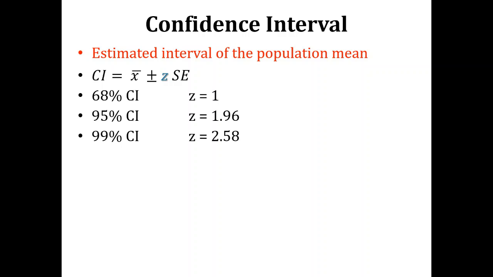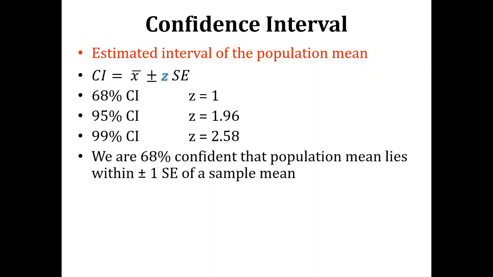So when we do that, we are 68% confident that the population mean lies within plus minus 1 standard error of the sample mean, right? That we have taken a sample mean, and we are 68% confident that our population mean lies within an interval which is plus and minus the standard error of the sample mean, right?